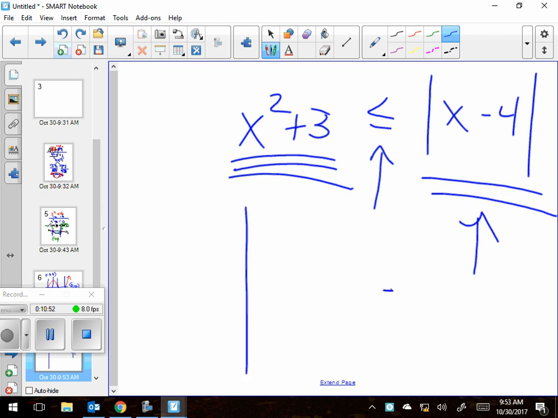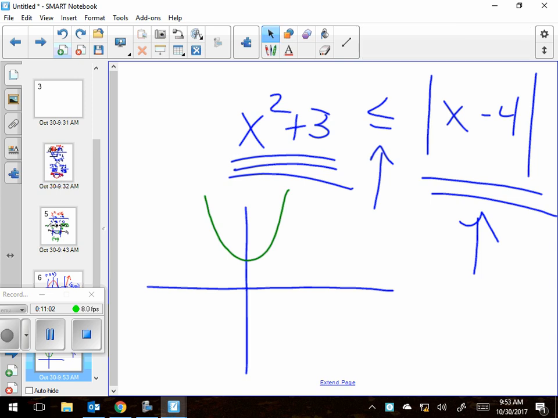Okay, so where is x squared plus 3? Would you agree generally it kind of looks like that? It's a parabola shifted up a little bit. And then where is the absolute value of x minus 4? Well, that's a V shape. That's been shifted which way? To the right 4. Do you agree it's something like that?